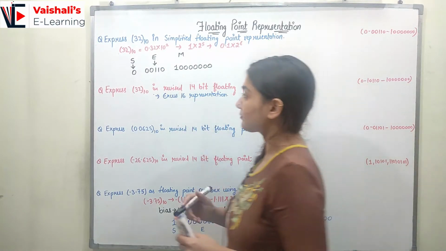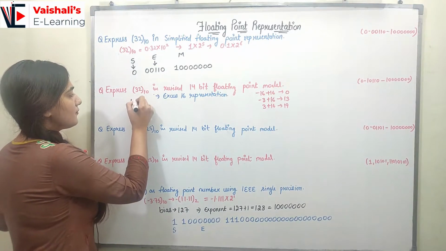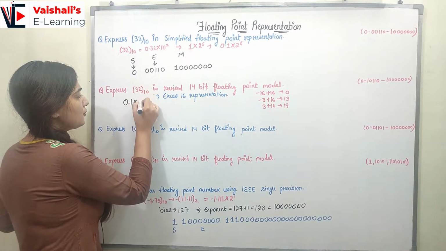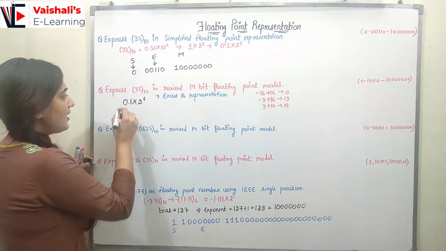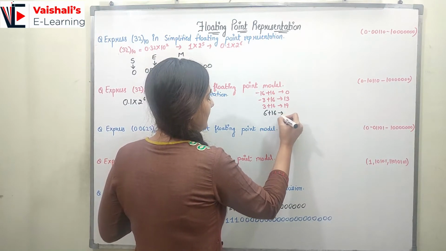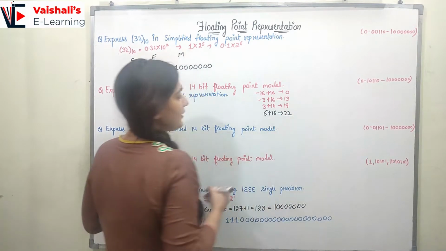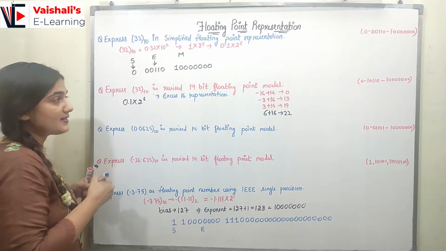So here let's suppose we have 32 only. So 32 is 0.1 into 2 raised to power 6. So here we have the positive power, right? So 6 is added to 16 and here I am going to get 22, right? So 22 I have to express as the exponent.